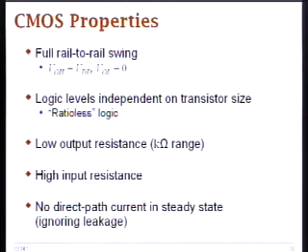So first, and a very important property, is that it has a full rail-to-rail swing. So you basically have either PMOS turned on or NMOS turned on, in which case in DC condition you have VOH equal to VDD or VOL equal to 0. So you have clearly defined logic levels at 0 and VDD.